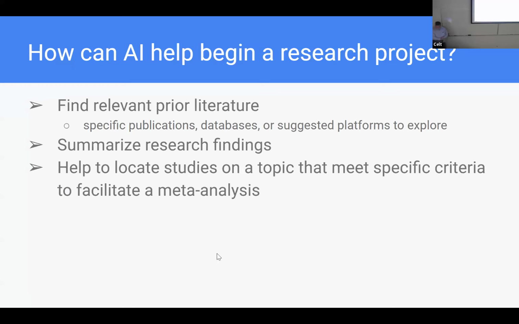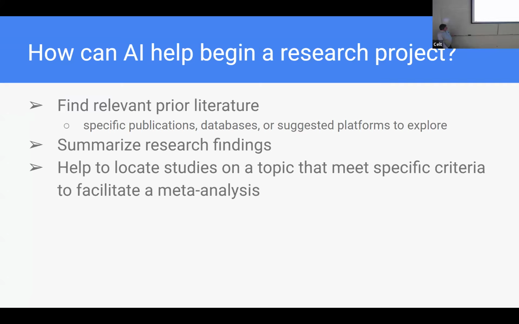So some of the ways in which AI can be helpful in beginning a research project is finding what has already been done. Now, if you're already pretty familiar with an area, you can just look at the bibliography and look at citations and so forth.